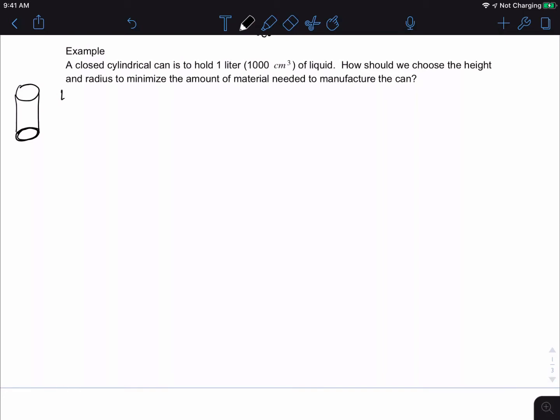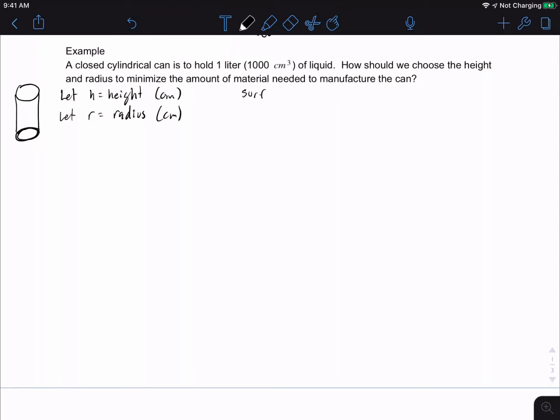So let h equal our height, and that's going to be in centimeters, right? And let r equal the radius, because it's a cylindrical thing, and so it's got a circle to it. There are 2 formulas that we're going to need, and these are formulas that you guys should know.